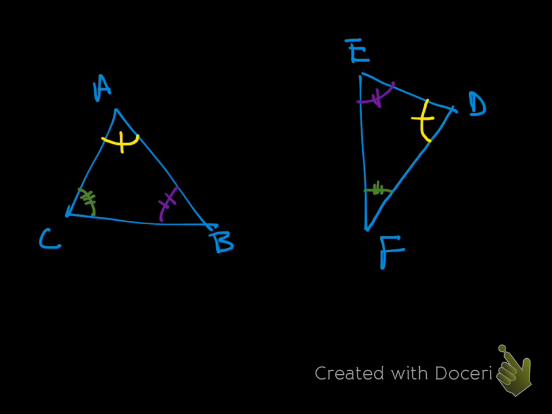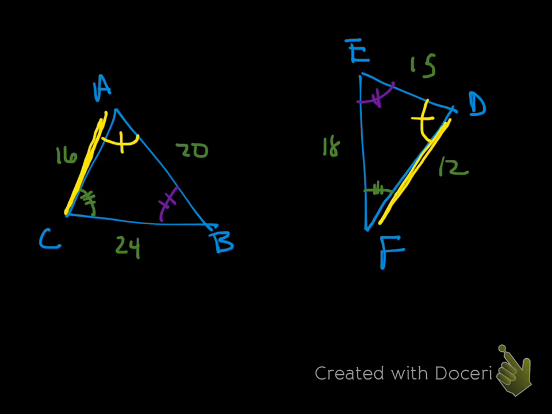We've got this side at 16, 24, and 20, and we've got 18, 12, and 15. We know that the angles are congruent. So now we need to see if the sides are not congruent, but proportional. We have AC, which corresponds to DF. So AC is 16 over 12.